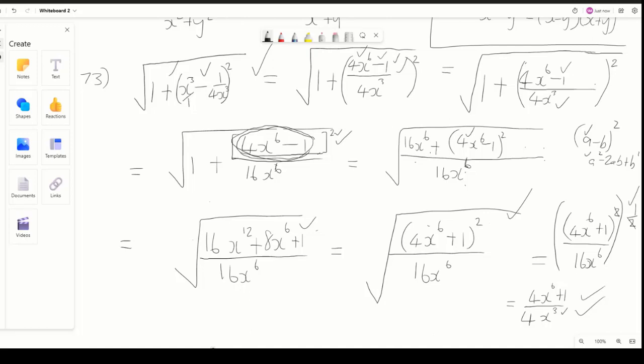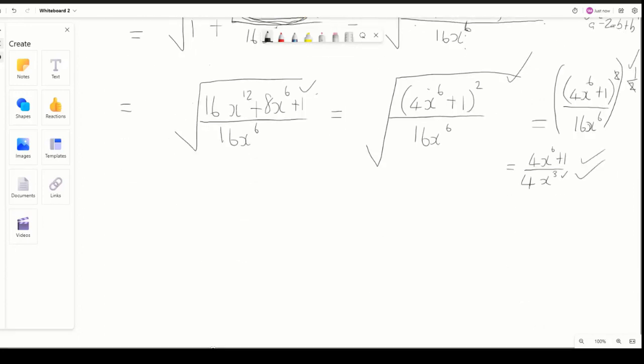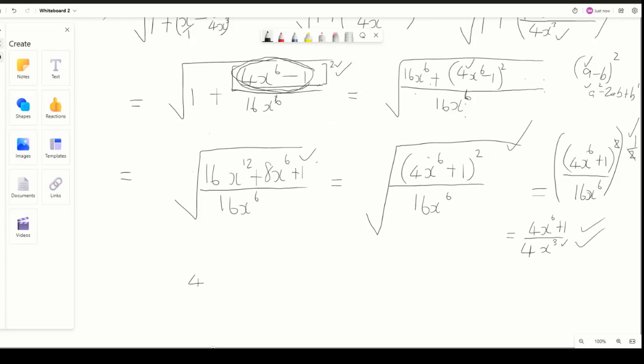So 4x to the 6 times 4x to the 6. Well, if I do it down here in a little block, 4x to the 6 times 4x to the 6, because I'm looking at it squared here. 4 times 4 is 16. x to the 6 times x to the 6, the bases are the same, so it's 16x to the 12. Okay? 16x to the 12. So that's fine.